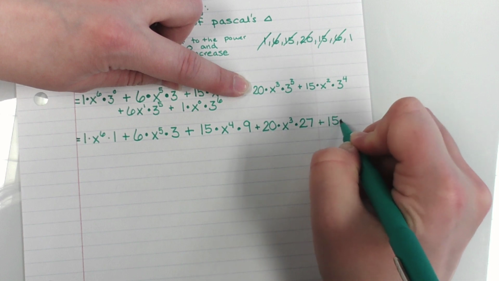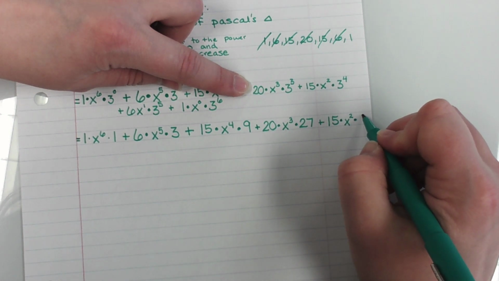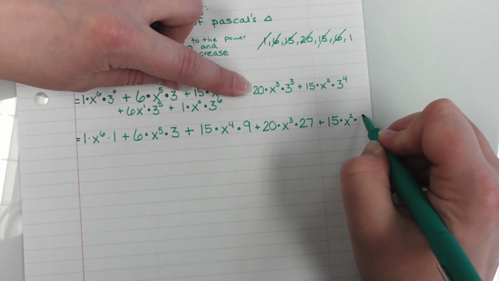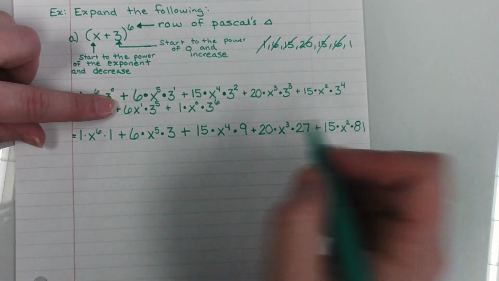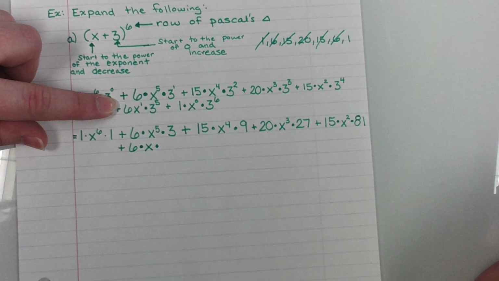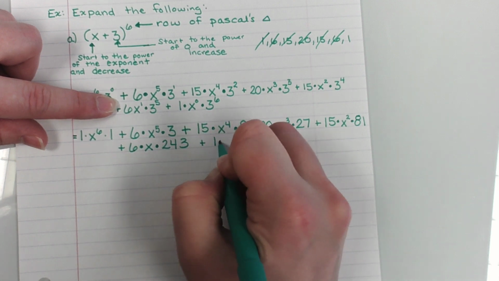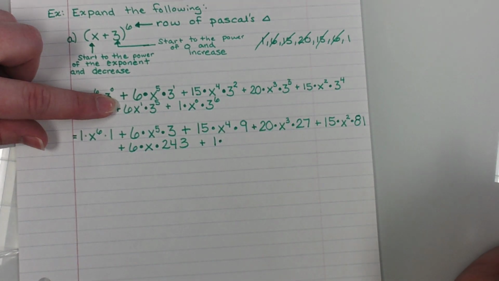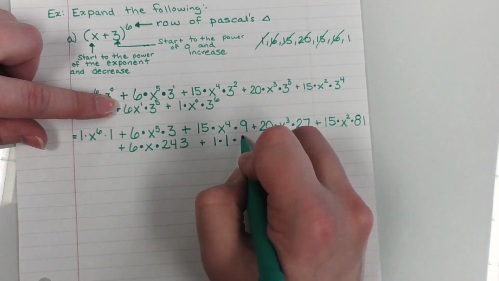Plus 15 times x squared times 3 to the 4th. Y'all got calculators. Plus 6 gets multiplied by x to the 1st, gets multiplied by 3 to the 5th, 243 is 243. Plus 1 gets multiplied by x to the 0th power is just 1, times 3 to the 6th power? 729.